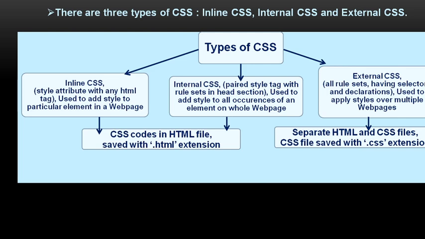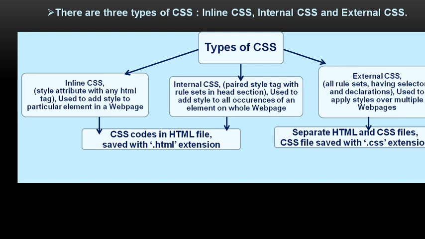Rule sets means selectors and declarations. Selector is any tag which we want to style from HTML, and declarations are nothing but properties and values of CSS which we may want to add to the selector.